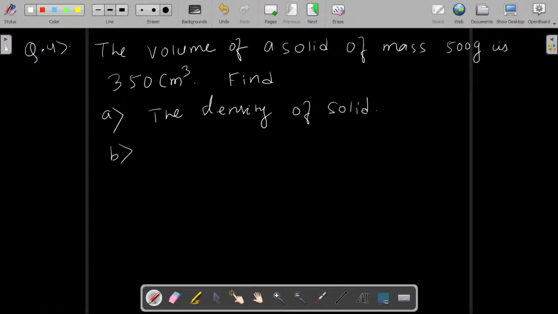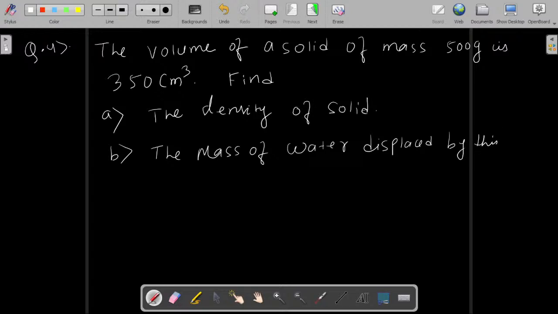Second question, the mass of water displaced by this solid. Third, relative density of solid.